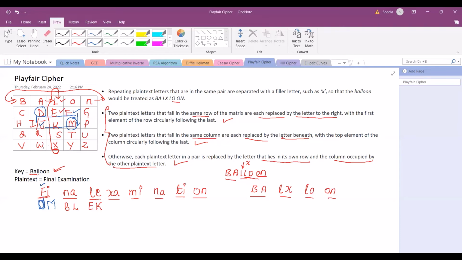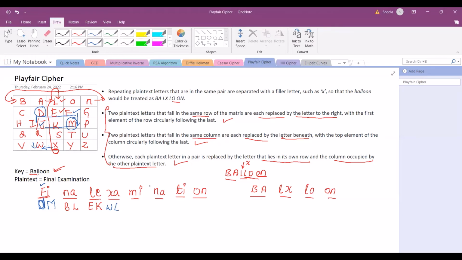To encrypt X, I take the row of X and the column of A, and we get the value W. And for A, the row of A and the column of X, so the value is L.